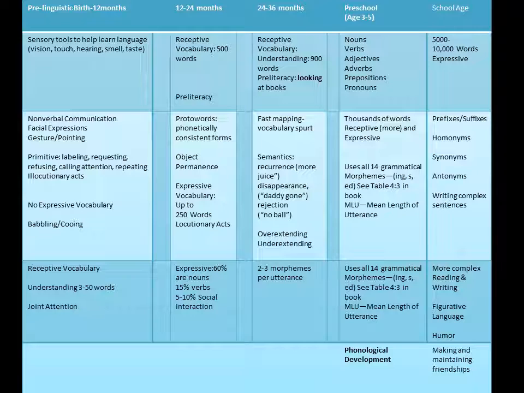They begin to use some semantic relationships. Remember, semantics is meaning. For example, they start to put words together to mean recurrence or rejection. Recurrence would be like more juice. Rejection would be no ball.